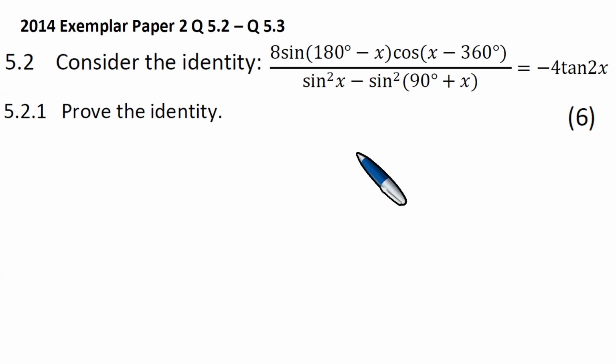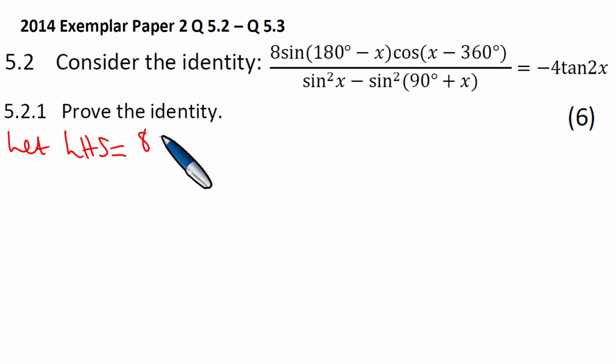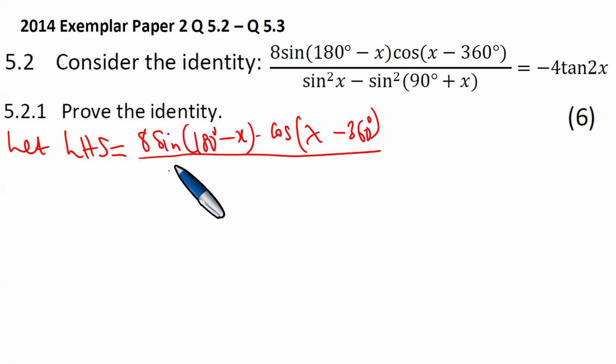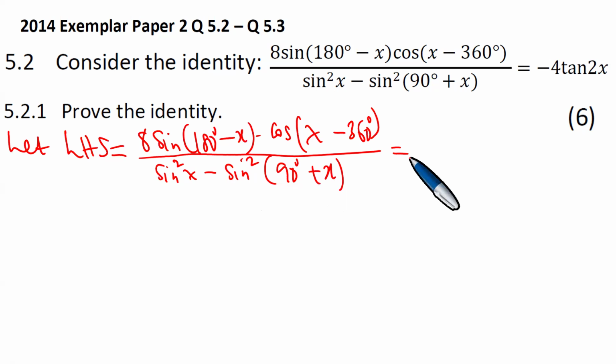We let the left-hand side be 8 sin(180 degrees minus x) cos(x minus 360 degrees), all divided by sin squared x minus sin squared(90 degrees plus x). Now let's look at these together.